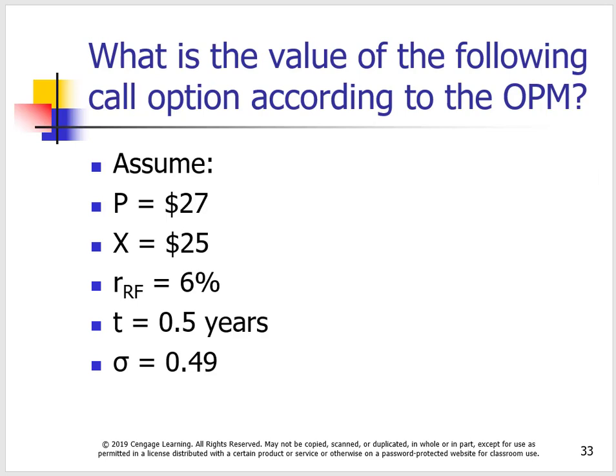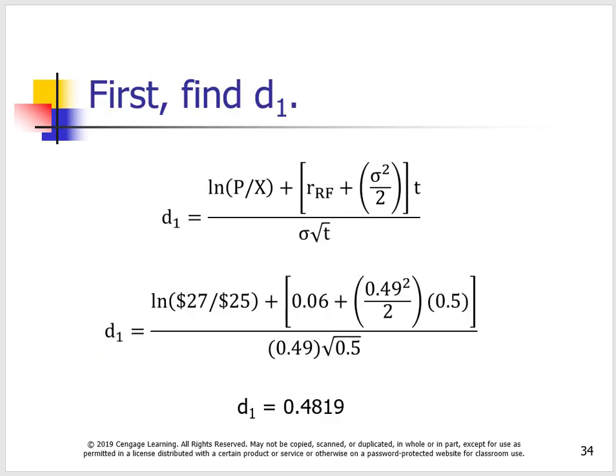So here we have a stock price of 27, an exercise price of the options of 25, a risk-free rate of 6, and it's a half year of time. And the standard deviation is 0.49 for this particular stock.